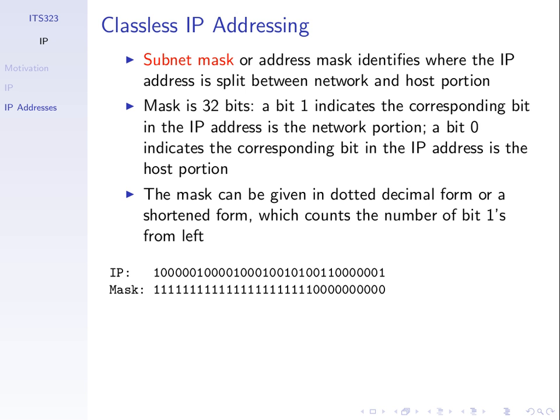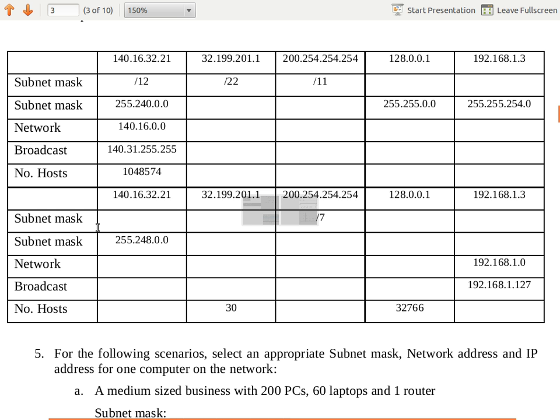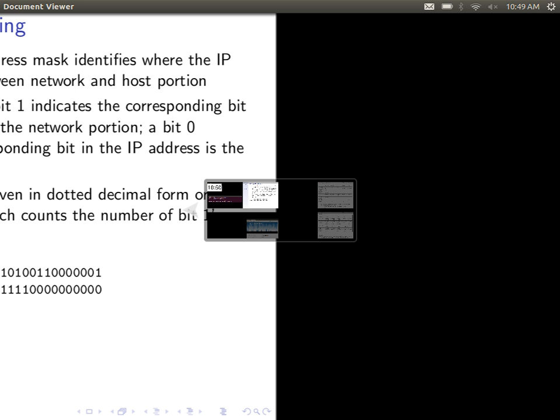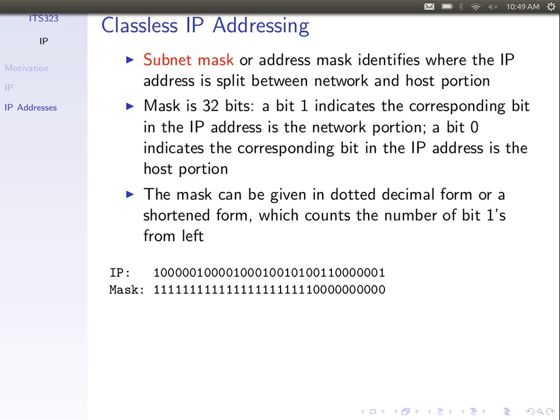You need to know how to convert binary to dotted decimal notation. That's the easiest step, and vice versa. You also need to know the concept and the role of the subnet mask. In binary form, the subnet mask tells us, for the 32-bit IP address, where the split is between the bits that identify the network, what I call the network portion of the address, and the remaining bits that identify the device, or what I call the host portion.